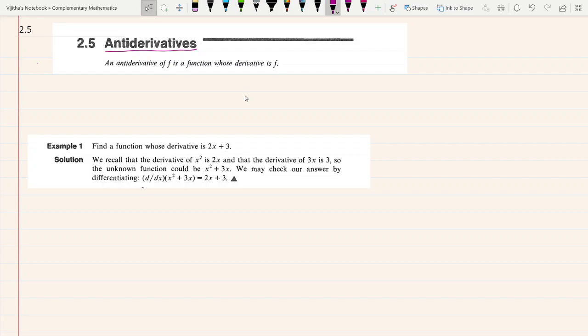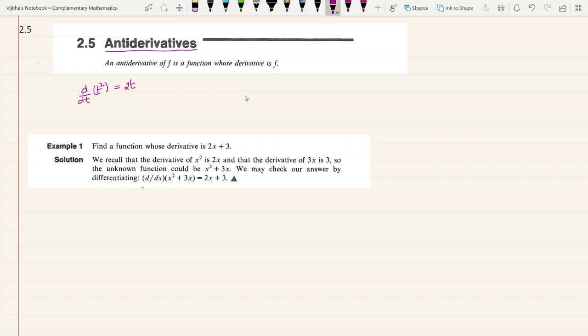We know that d by dt of t square is 2t. So the derivative of t square is 2t, and the antiderivative of 2t is t square.